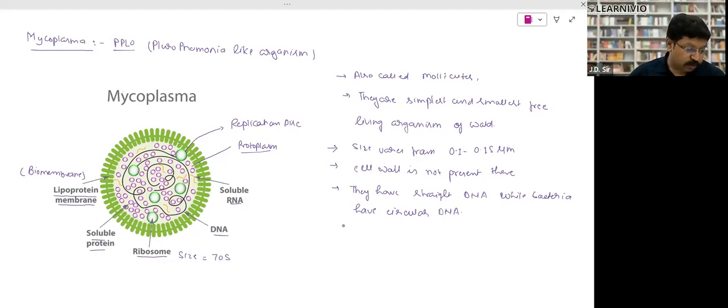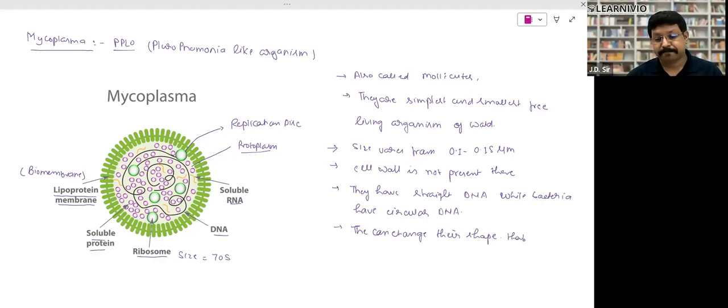They can also change their shape. So what do we call them? There is a particular term for those organisms which can change their shape.